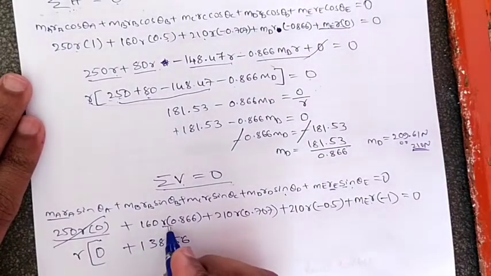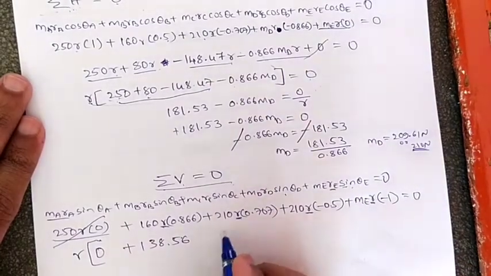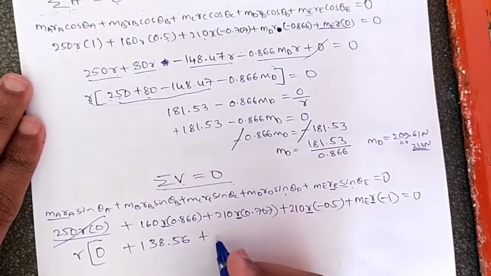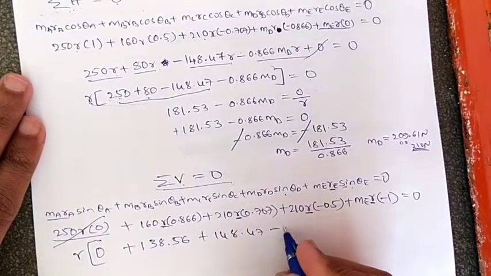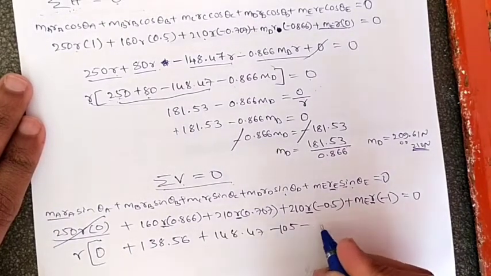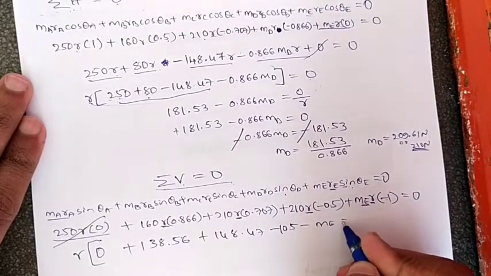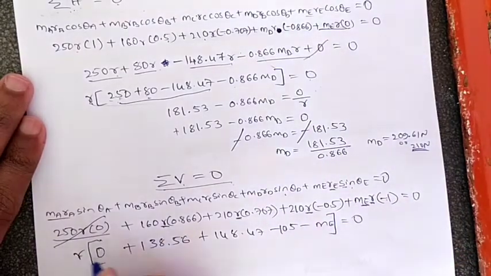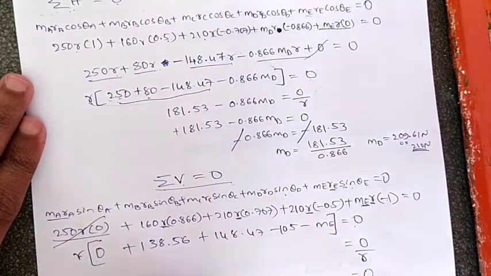R I have taken common from every term. 210 into 0.707, it will be 148.47. 210 into 0.5 you will get minus 105, minus ME into minus 1, minus ME is equal to 0. 0 divided by R will be 0.